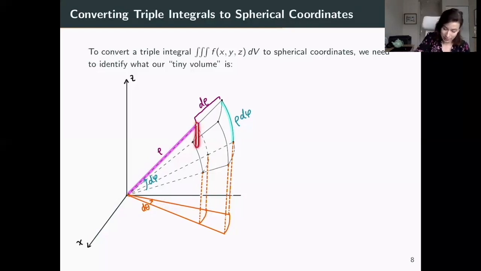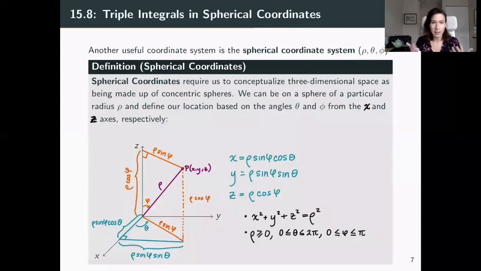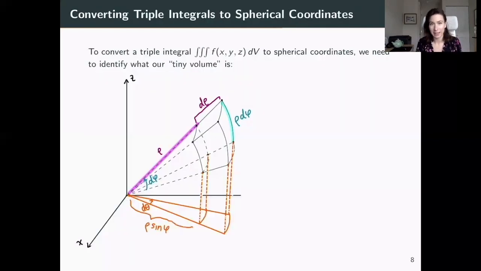Noting that this is my rho, we're going to end up with our distance here equal to rho sine of phi as the length here. Again, returning to this image, where we have rho sine of phi as the length down on the XY plane.